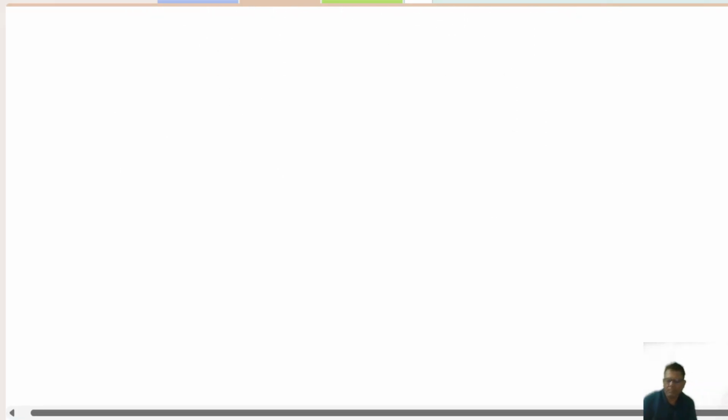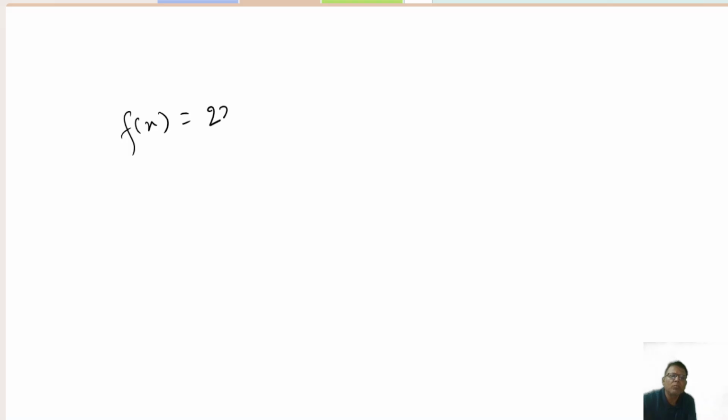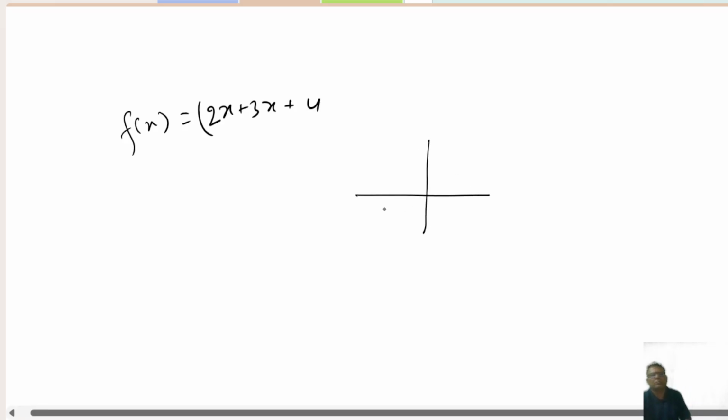Now let us solve some other questions, like f(x) = (2x plus 3)(3x plus 4). How will the graph be? First you find a. a is positive.